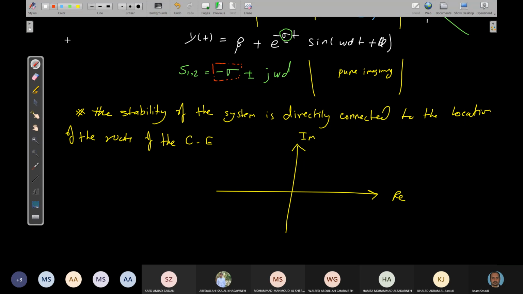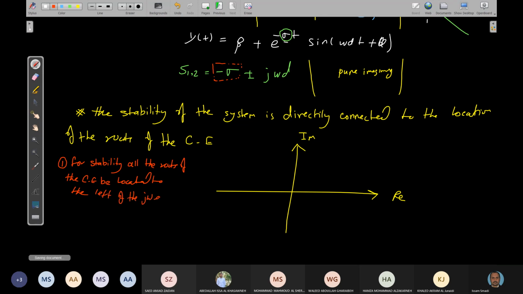So simply for stability, all the roots of the characteristic equation must be located to the left of the j omega axis.